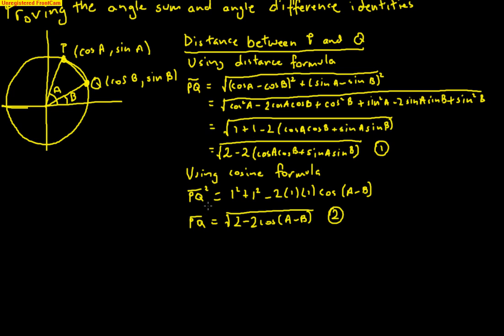Now if we were to take a look at using our cosine formula for non-right angle triangles, we have C squared is equal to A squared plus B squared take 2AB cos of C, C being the interior angle in here, which is A take B, because we've got to have what's remaining inside here.